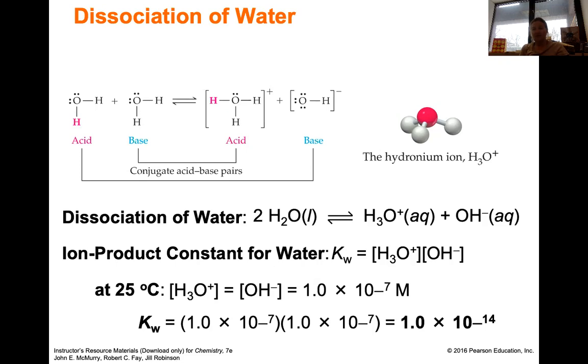You would have known how to write that equilibrium constant in chapter 13. And here we're just seeing that for this specific chemistry, the acid-base chemistry of water, we're going to give the K a special name. At 25 degrees, this value is 1 times 10 to the minus 14. That tells you not a lot of water reacts with itself. If you have a flask of water, it's mostly water. A little bit has undergone this acid-base reaction.